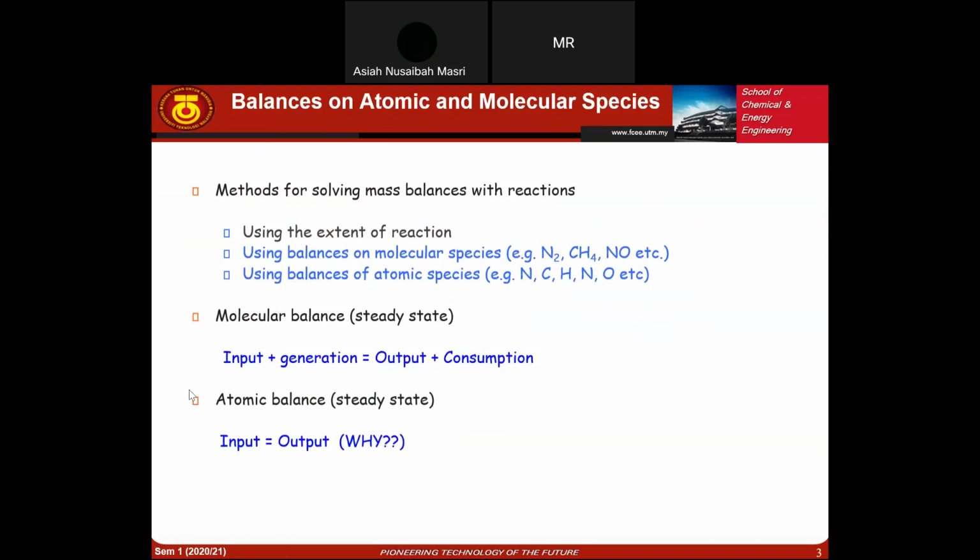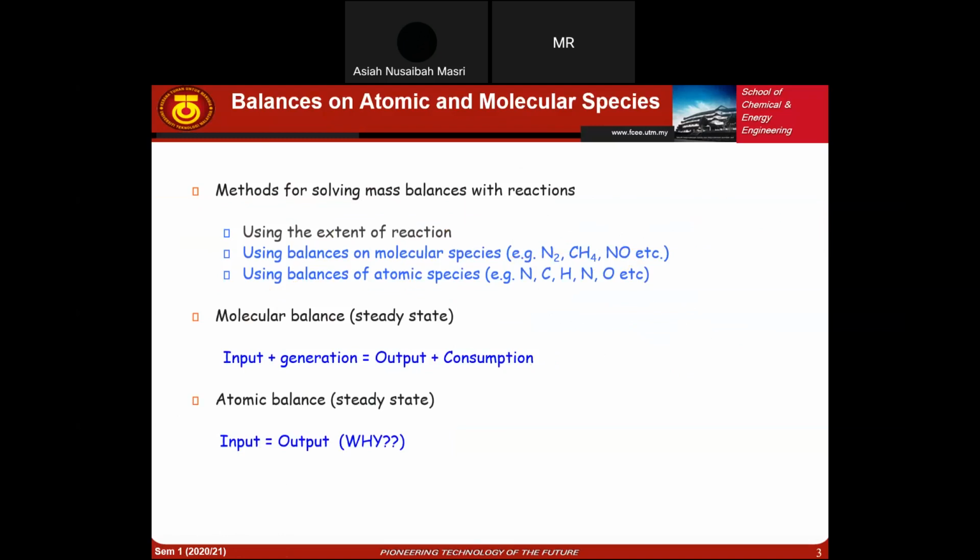Okay, so balances on atomic and molecular species are other methods that we can use to solve mass balance. Before this, we have already learned two ways to solve mass balance.